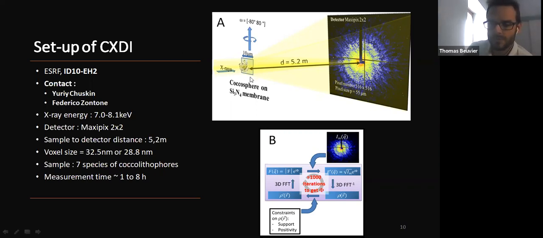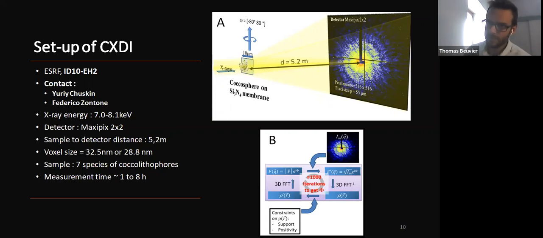How does it work? So several coccolithophores are put on a very thin membrane, and only one is illuminated by an X-ray beam, which is a coherent X-ray beam. And we collect the diffractive intensity on the 2D detector at 4.2 meters from the sample.